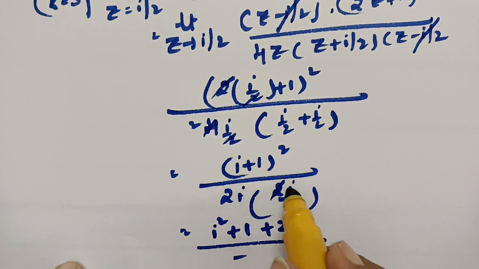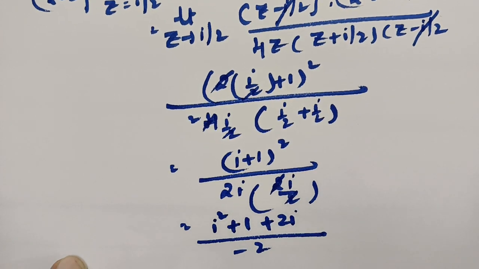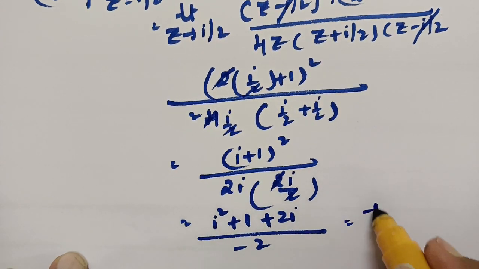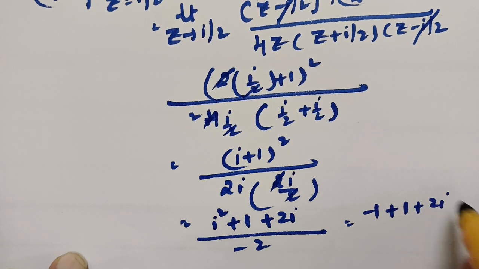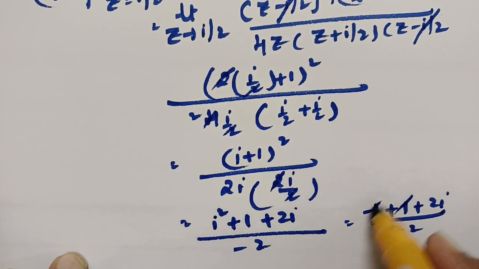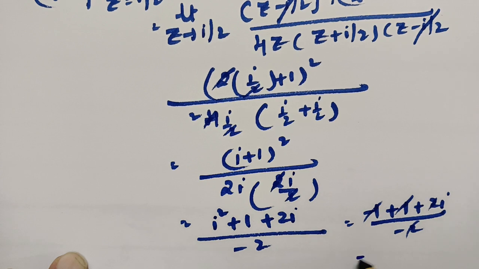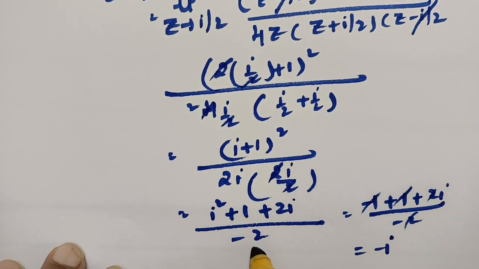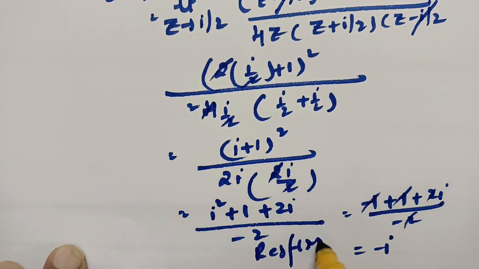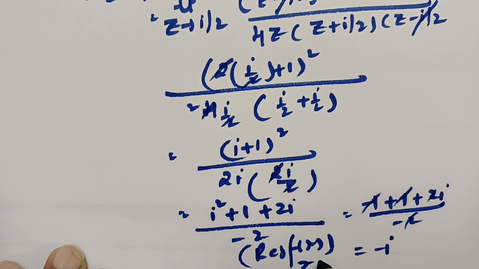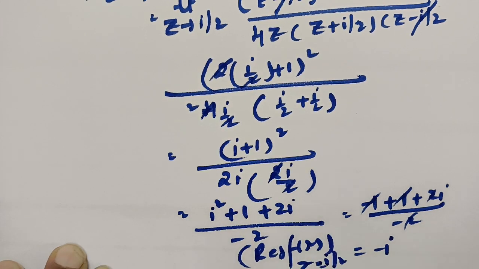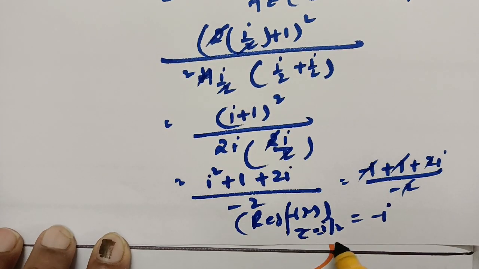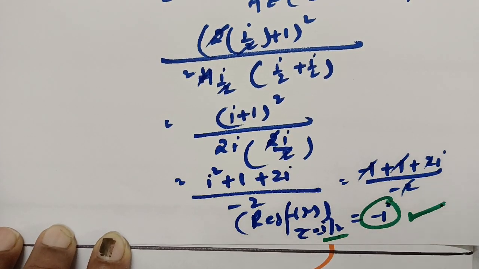I square is minus 1, so the numerator is minus 1 plus 1 plus 2i, that is 2i, divided by minus 2. After cancelling these two, the value here is minus i. So this is the residue value of f of z at z is equal to plus i by 2: minus i.